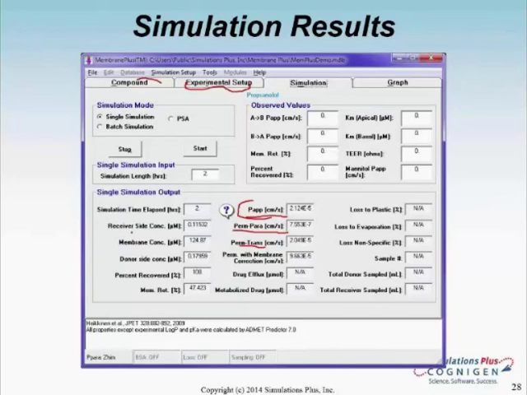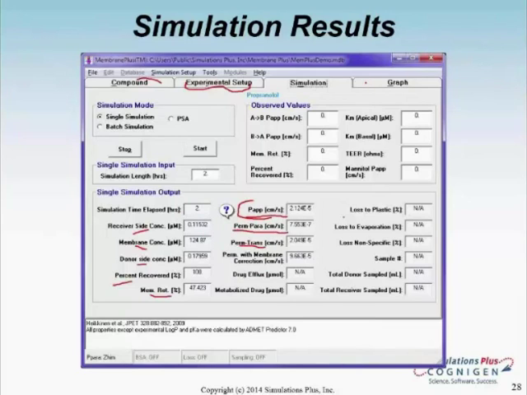Looking also at the final concentrations of the drug on the receiver and donor side as well as inside the membranes, what is the percent of the compound that was retained in the membrane, so looking at the accumulation of the compound. If you had any loss processes incorporated, how much of the compound during the experiment was lost to different processes, and how much is actually going to be recovered at the end of the experiment, and so on. So we try to give you an overall picture of what is happening to your compound in the system at the end of the experiment.